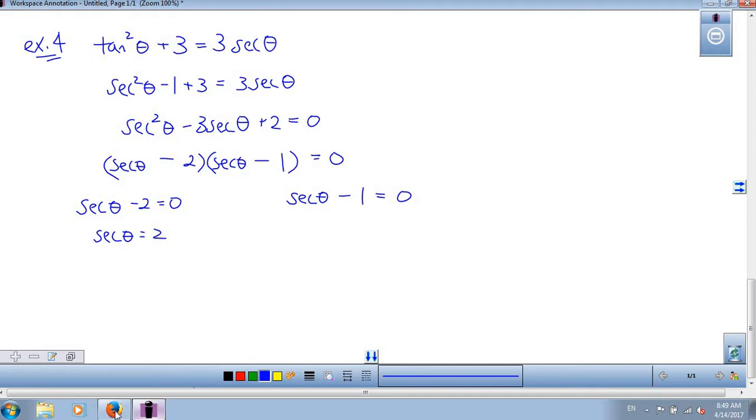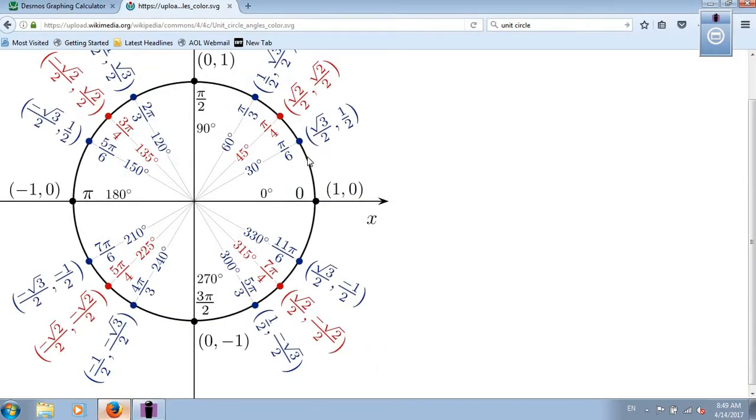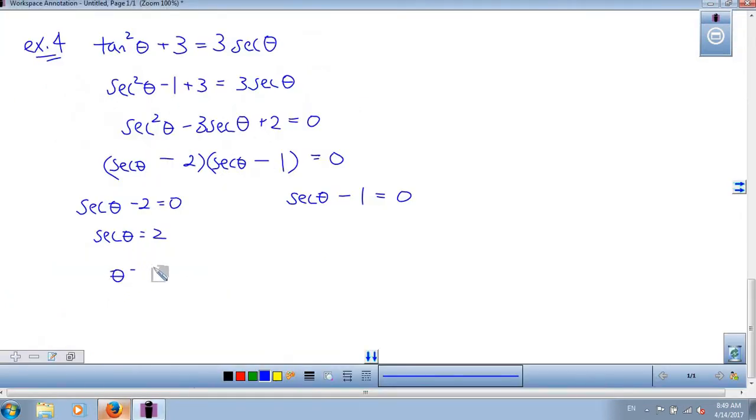Well, when cosine equal to 1/2. So look at cosine. Cosine is the x coordinate. 1, square root 3 over 2, square root 2 over 2, 1/2. Okay, right there. Pi over 3. So secant of pi over 3 is equal to 2. Then in fourth quadrant, it will again be equal to 2, so it's 5 pi over 3. So theta here will be equal to pi over 3 and 5 pi over 3.